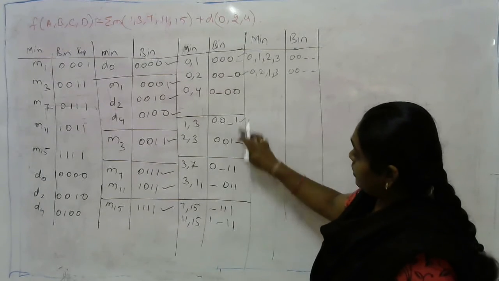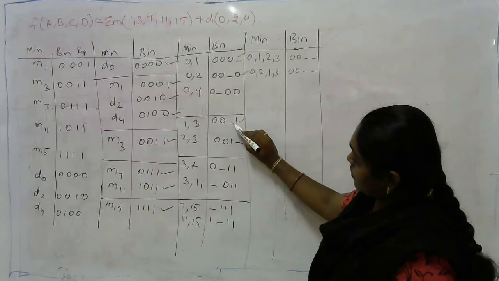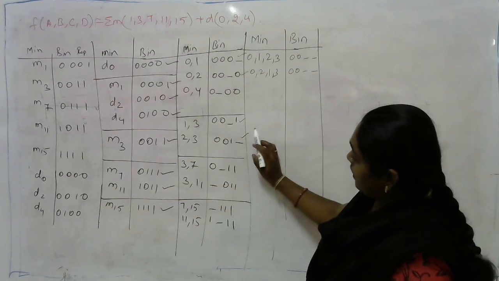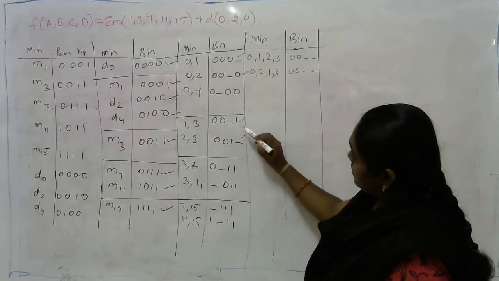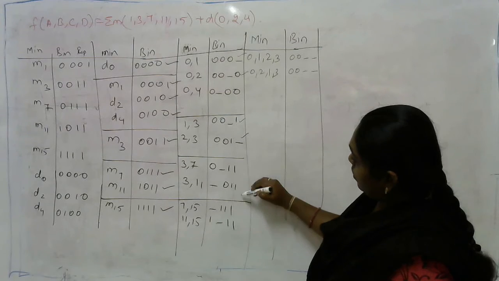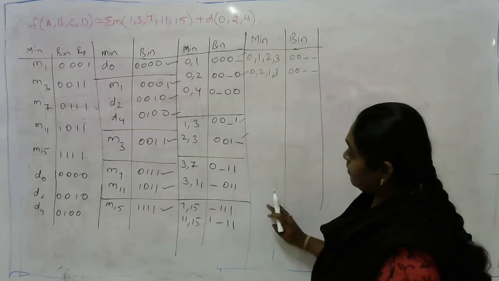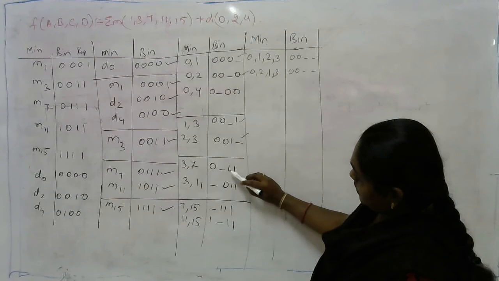Similarly, compare partition 2 with partition 3. Blank is present at the second position from the LSB, and there is no blank in the last position, so we cannot compare second with third. Compare third with fourth. Here there is blank in the second MSB position.